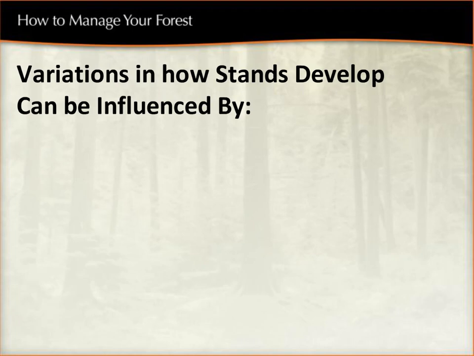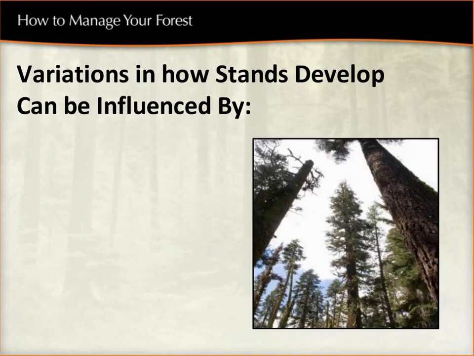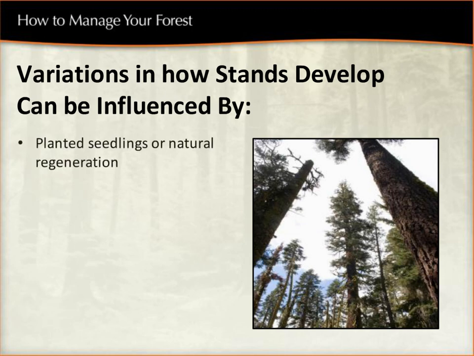Stand development can take a number of different directions and can vary quite a bit from what we've shown in the past few slides. Some of the factors that influence stand development include whether you plant seedlings or rely on natural regeneration. There's competition from other vegetation. How far apart you space your trees. The genetic growth potential of individual trees.